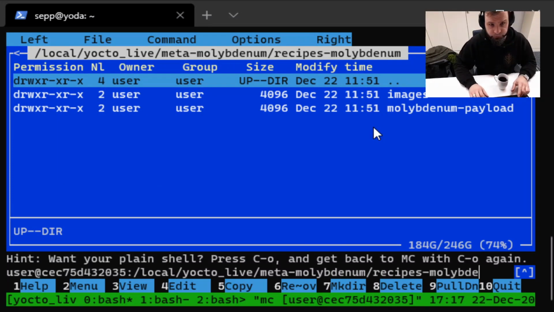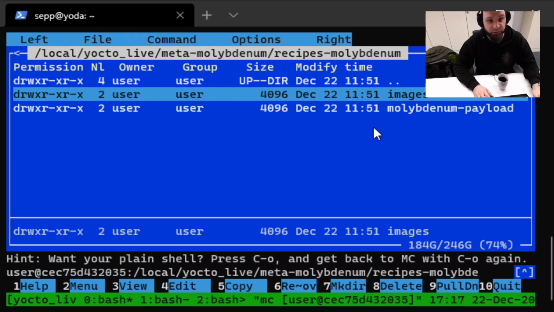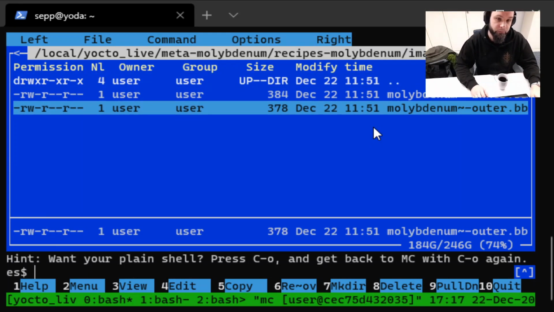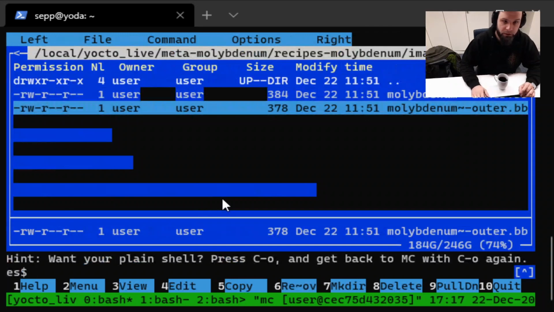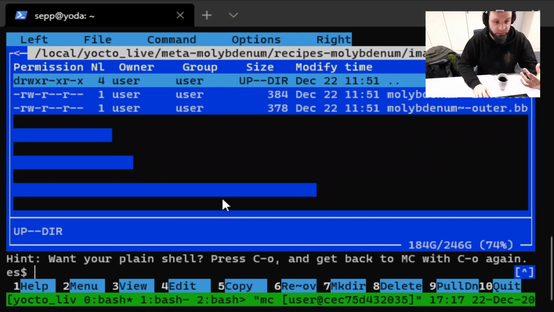And you can see that in recipes-molybdenum, I already created an image called molybdenum-outer, which is pretty simple. It's essentially just like core-image-minimal, and it does an IMAGE_INSTALL:append of molybdenum-payload. Whereas molybdenum-payload is probably somehow that inner build, right?